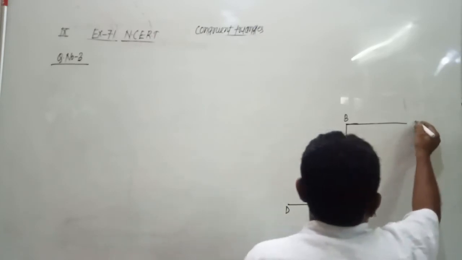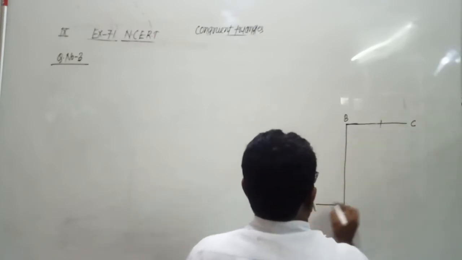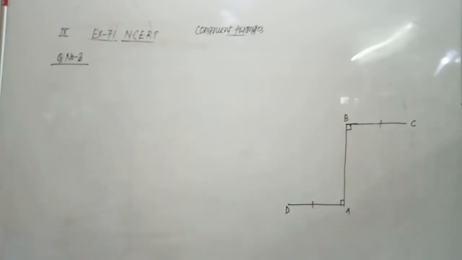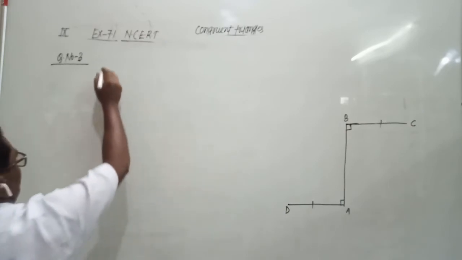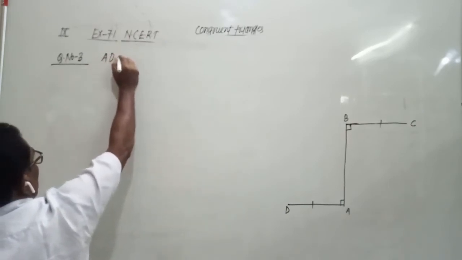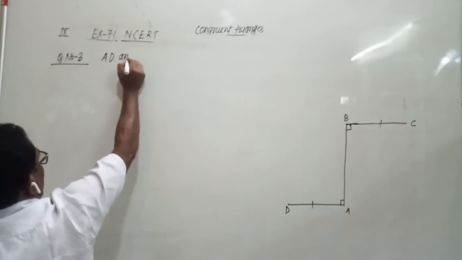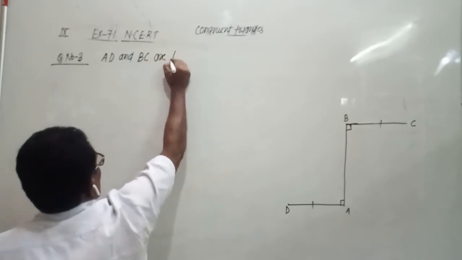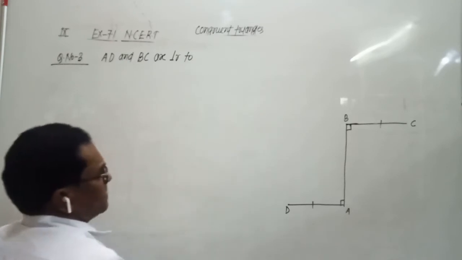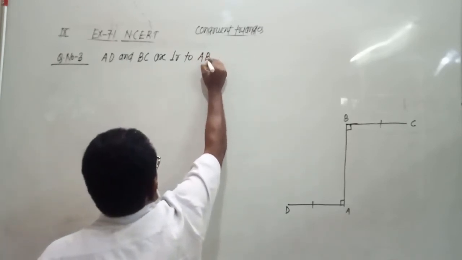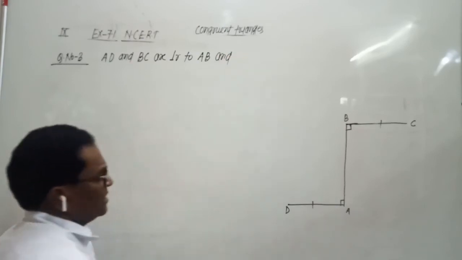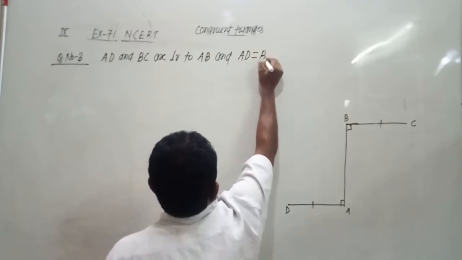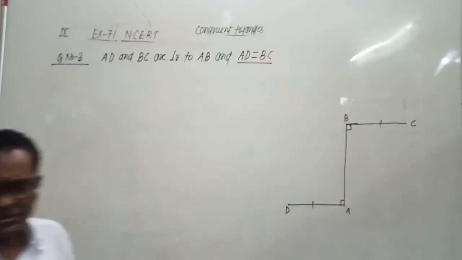This is point D and this is point C. They are equal and at 90 degrees. So AD and BC are perpendicular to AB, and we are also given that AD equals BC. Side AD equals side BC.